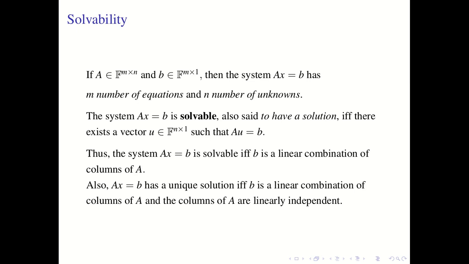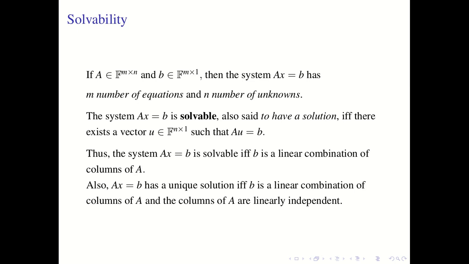The system Ax equal to b is said to be solvable, also said to have a solution, if there exists a vector u in F^n, that means a column vector in F^(n×1), such that Au is equal to b.